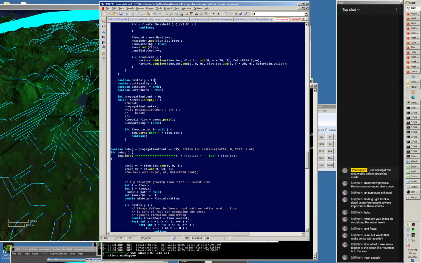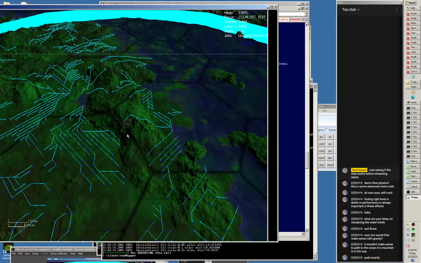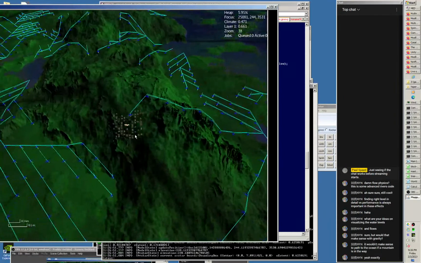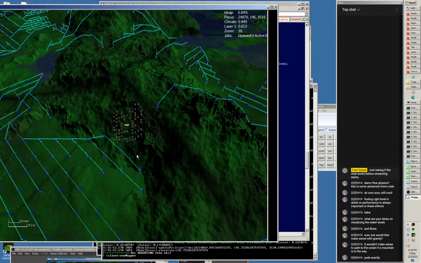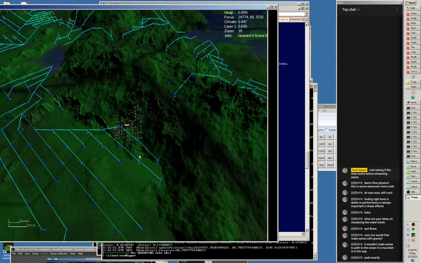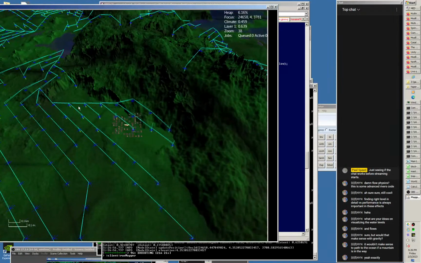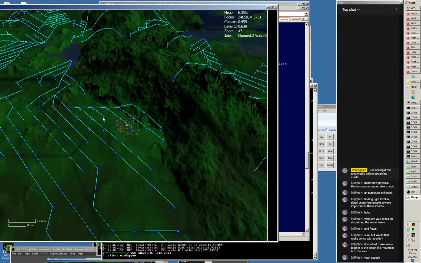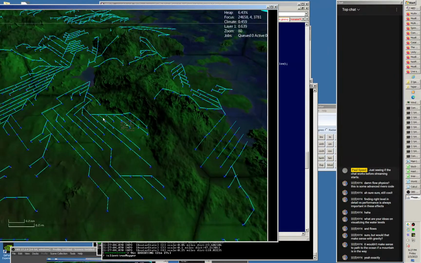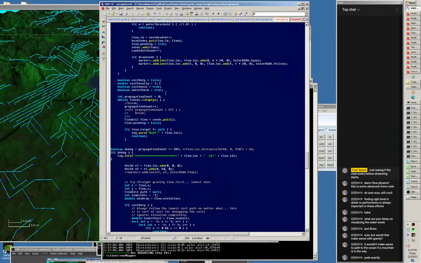So if we do a straight cost check, but only, so let's say we use gravity first. So this particular source would want to flow downhill, but if we get to the point where there is no downhill, like everybody's at basically the same level, then we'll use the ocean costs, right? And so that's what this is, right?